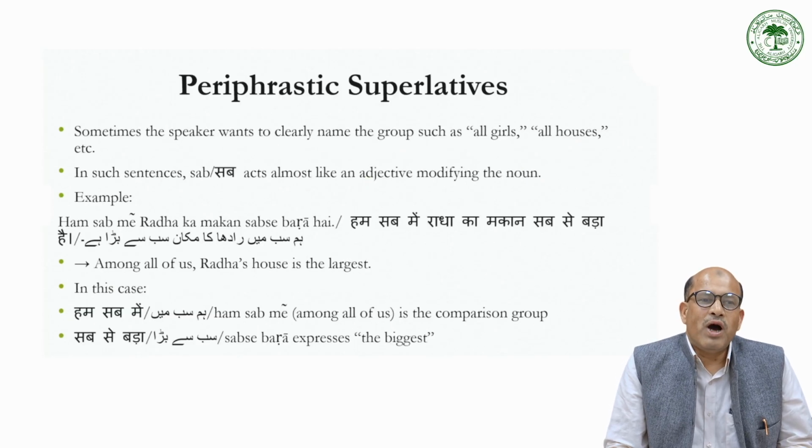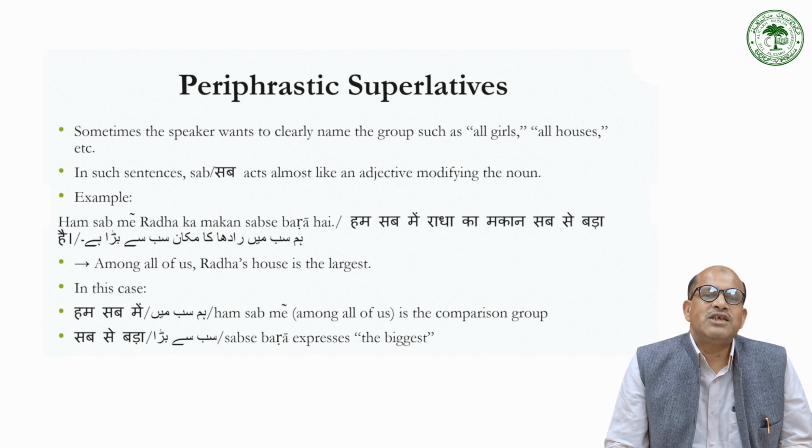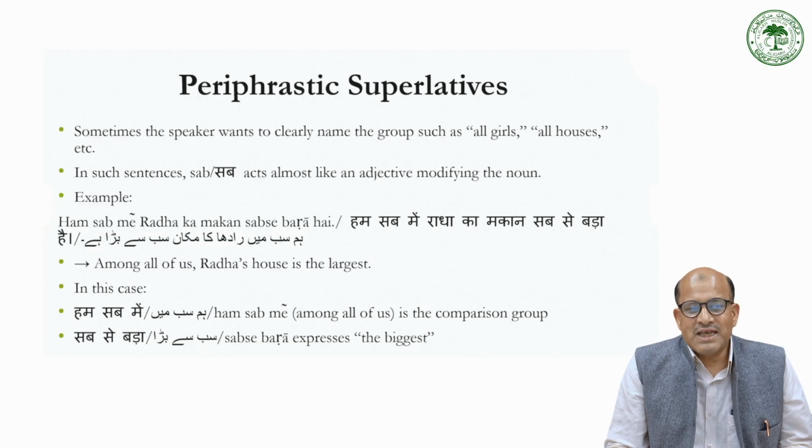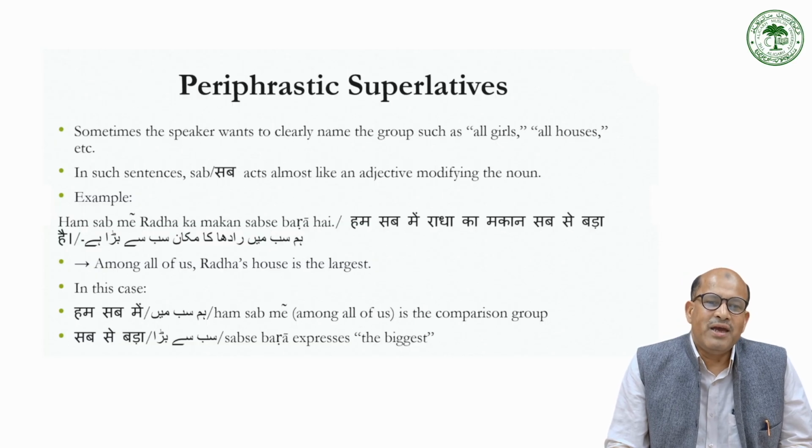Sometimes the speaker wants to clearly name the group, such as all girls. Instead of saying class, we say all girls, all houses. In such sentences, sab acts almost like an adjective modifying the noun. For example, हम सब में राधा का मकान सबसे बड़ा है.